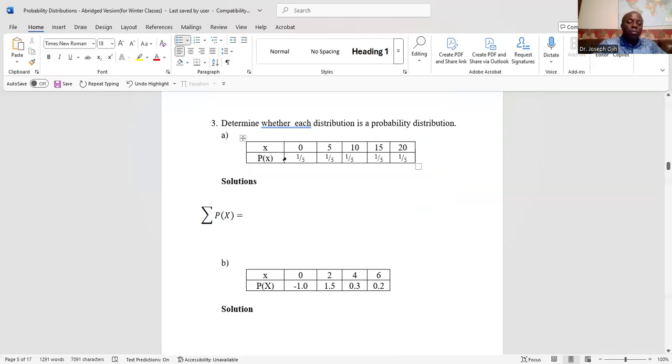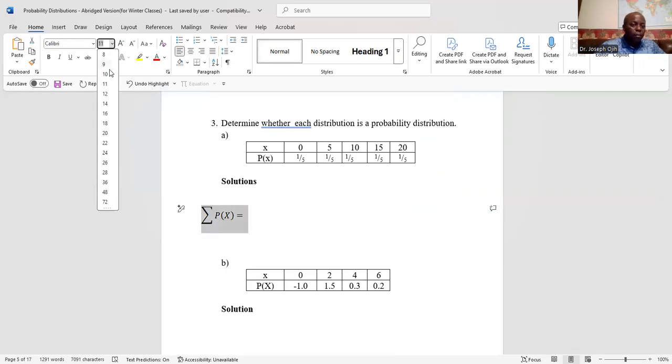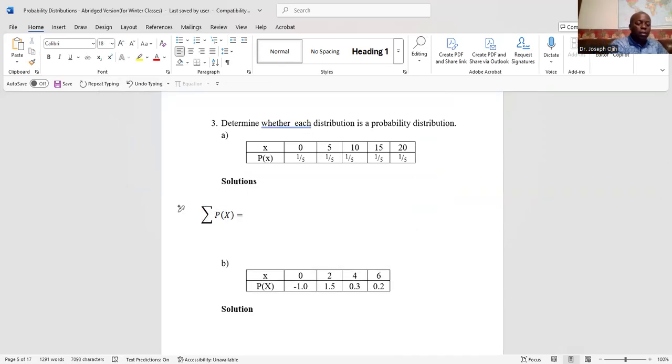You can see the outcomes. You can see the corresponding probabilities right here, P(x). So let us add and see if it satisfies any of the rules. So we got 1/5 plus 1/5 plus 1/5 plus 1/5 plus 1/5.